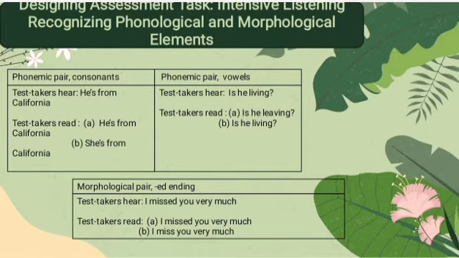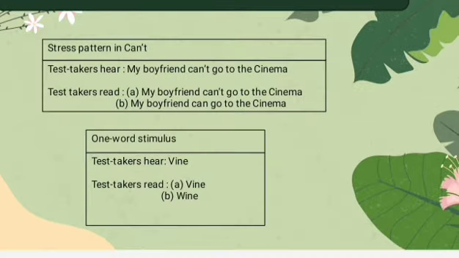The test taker hears "I missed you very much," and then reads two choices: the first, "I miss you very much," and the second, "I missed you very much." In this example of a morphological pair with the ed ending, the test taker should focus on what they heard before.